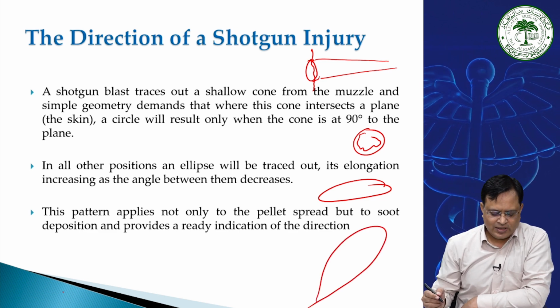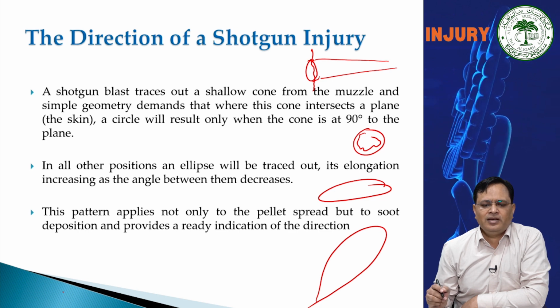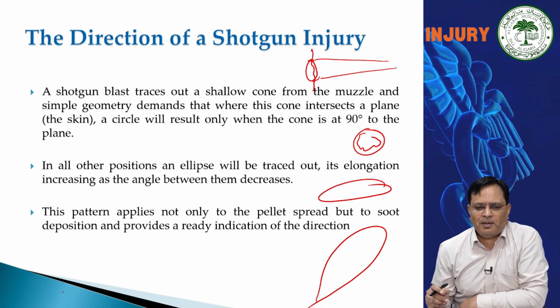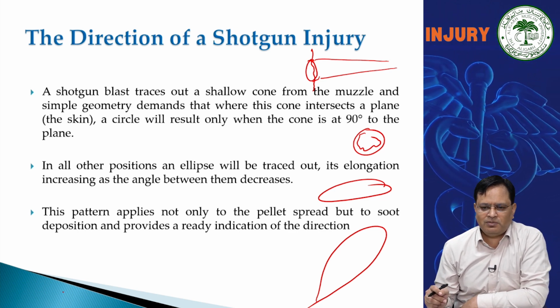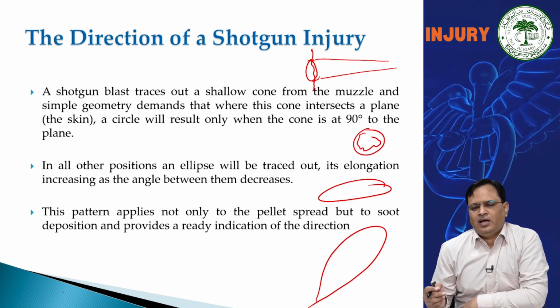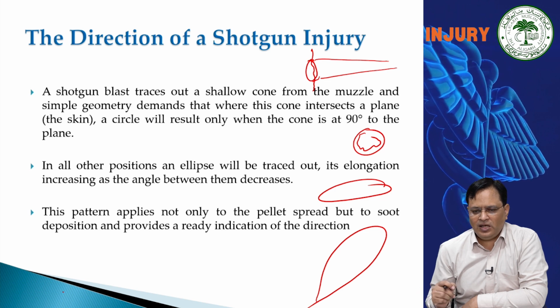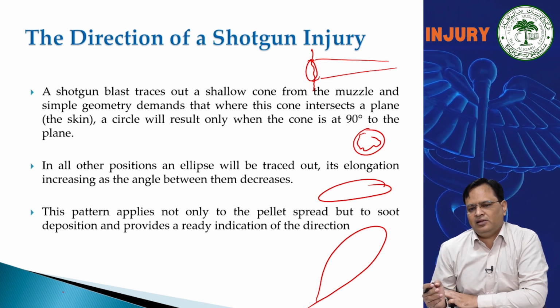There is elongation, increasing with the angle. The pattern applies not only to the pellet spread but to soot particles also, and the deposition. All these soot particles and the tattooing will change with the angle.